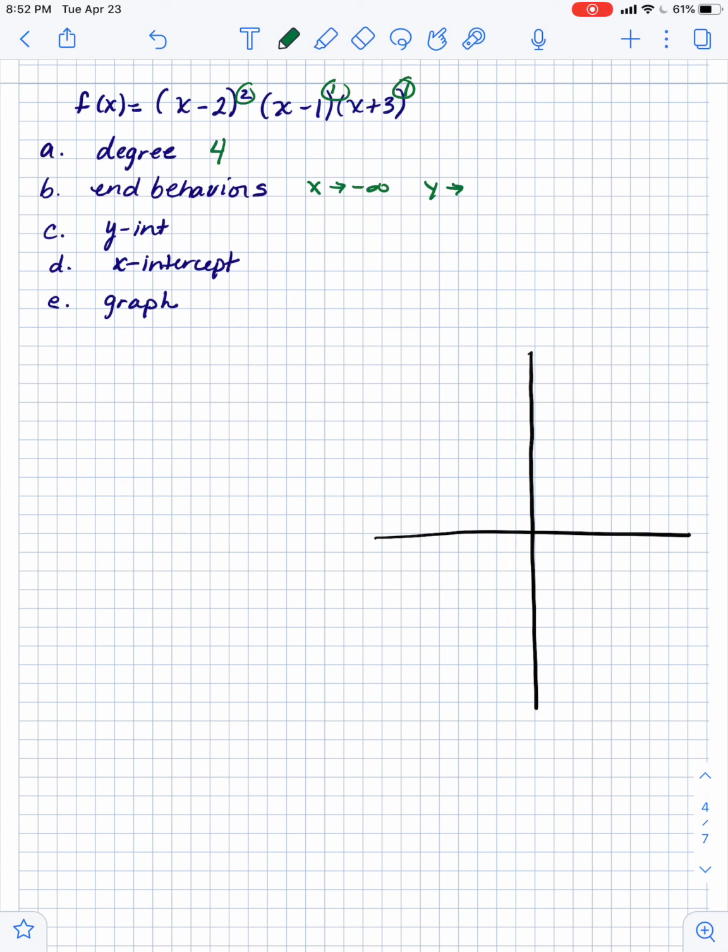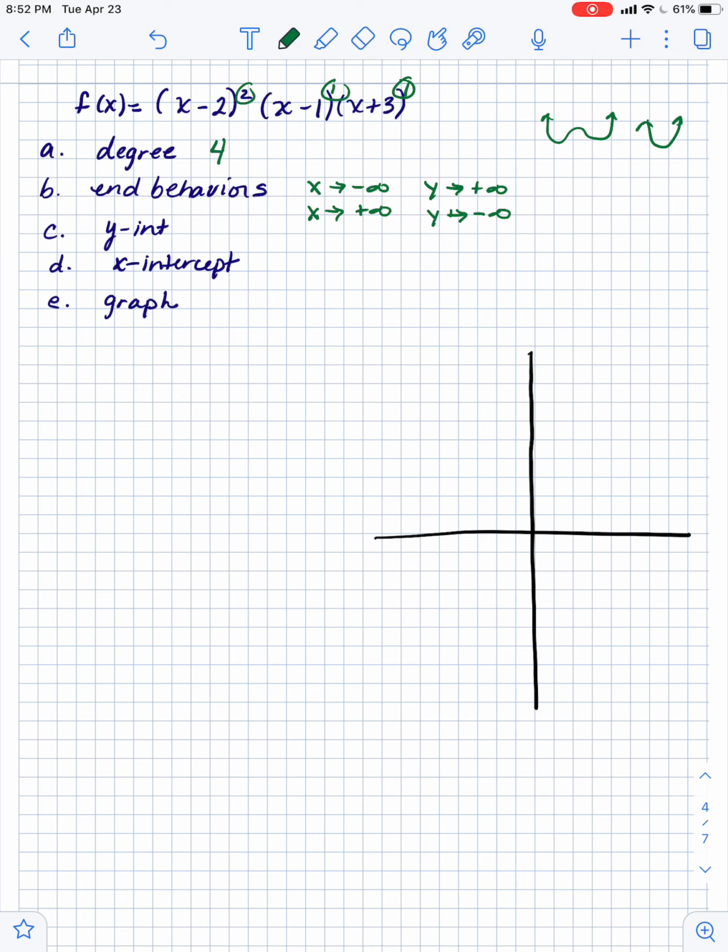I'm doing a 4. Your y is going to go to positive infinity, okay? If I do a quick sketch of my graph, remember that's the one that kind of looks like a W, or it could look like a parabola type thing. So both are going to go up, okay? So as x approaches positive infinity, y is also going to approach positive infinity.